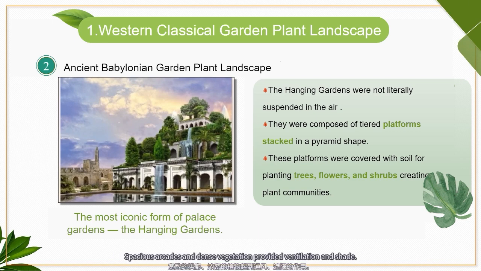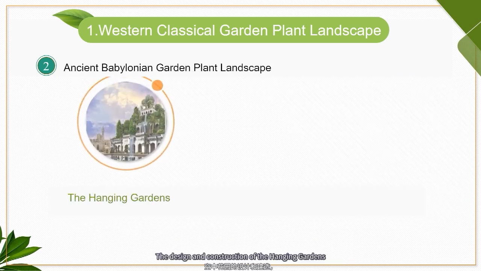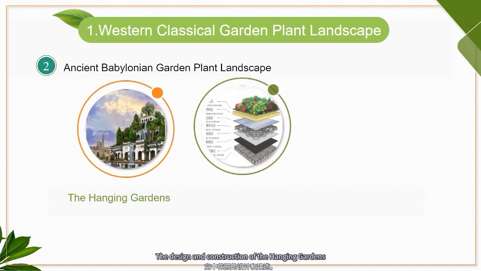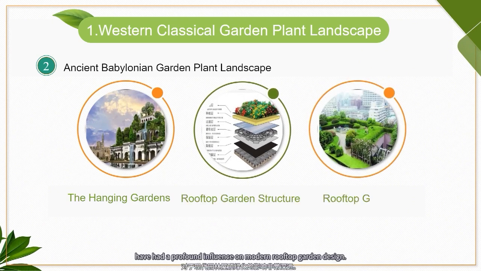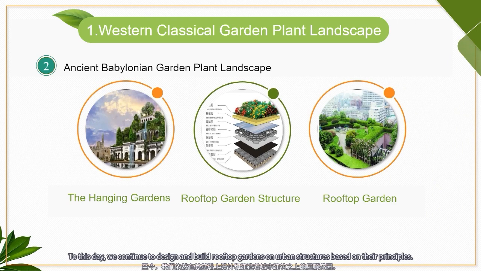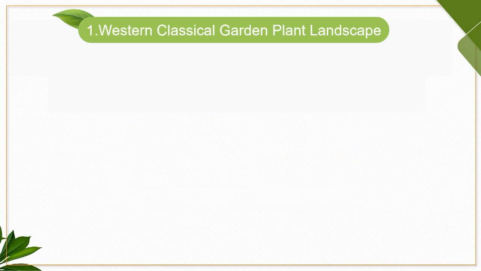Spacious arcades and dense vegetation provided ventilation and shade. The design and construction of the hanging gardens have had a profound influence on modern rooftop garden design. To this day, we continue to design and build rooftop gardens on urban structures based on their principles.